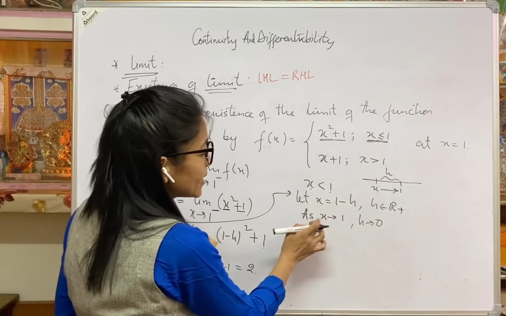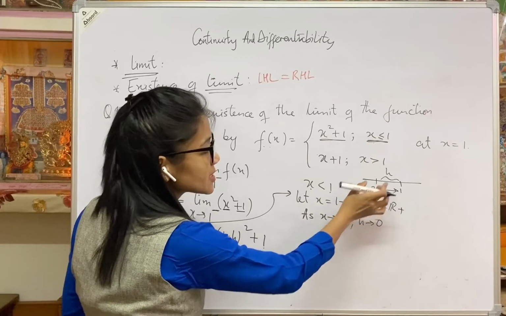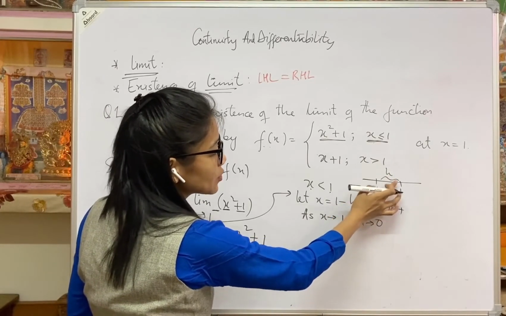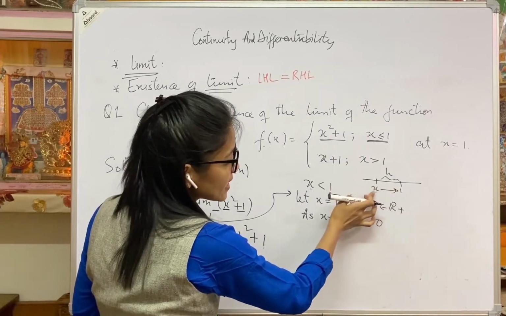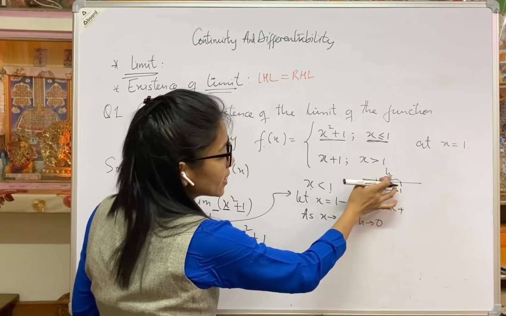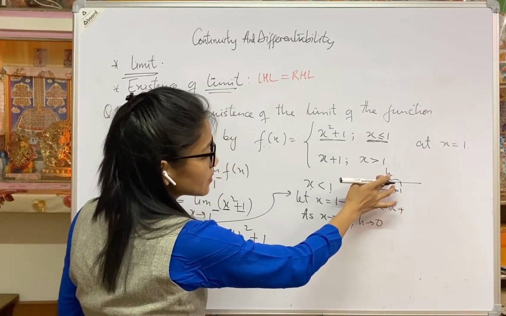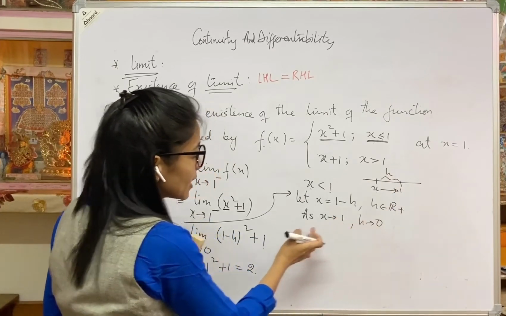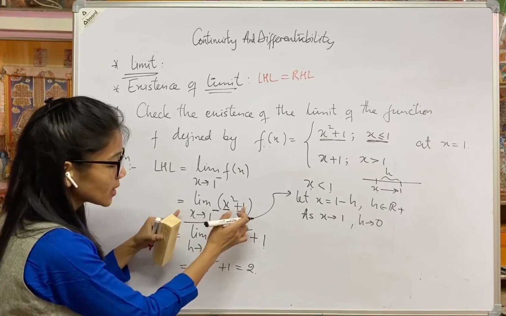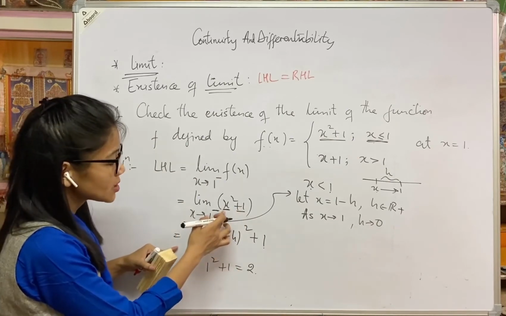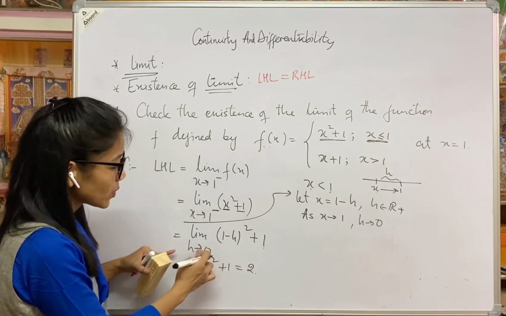And as x tends to 1, h is the length of the interval between x and 1. So as x moves closer and closer to 1, the length of the interval h will tend towards 0. After making this substitution, you will convert everything in terms of h. So instead of x, you will take 1 minus h whole square and everything.